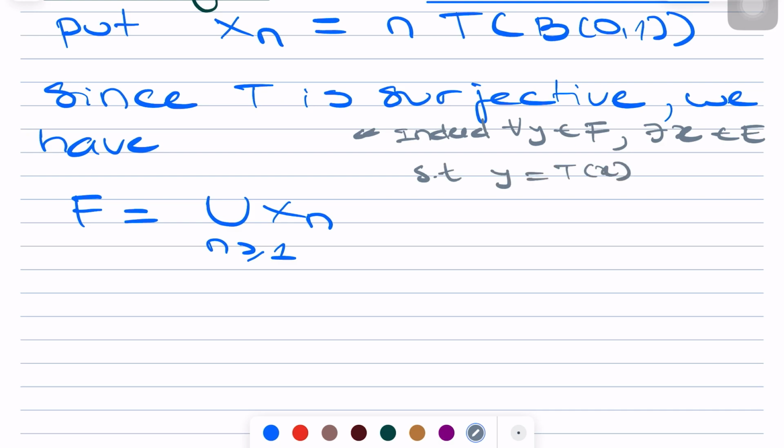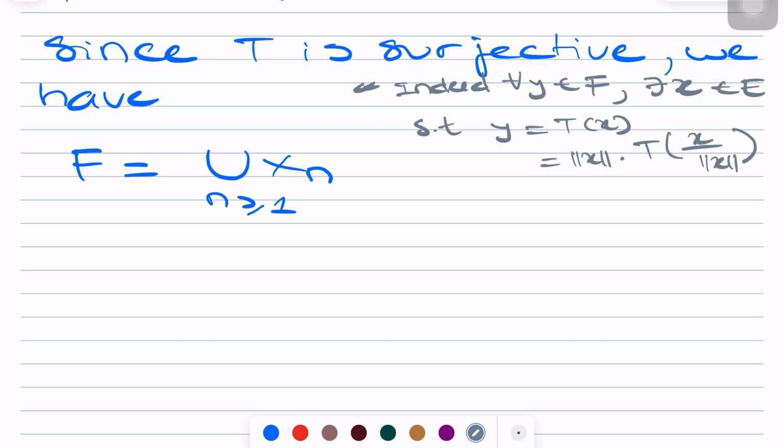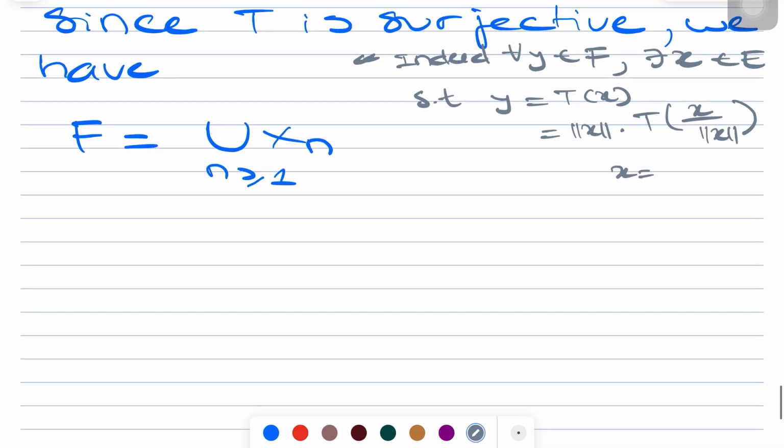But this is again equal to norm of x times T of x over norm of x, using the linearity of T. Since y is different from 0, that necessarily implies that x is also different from 0.